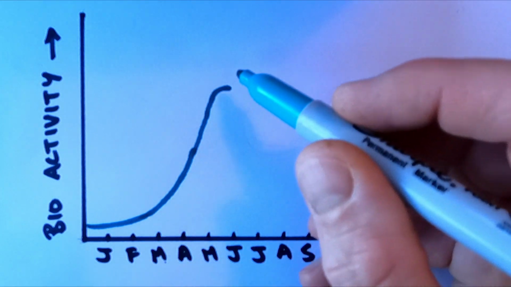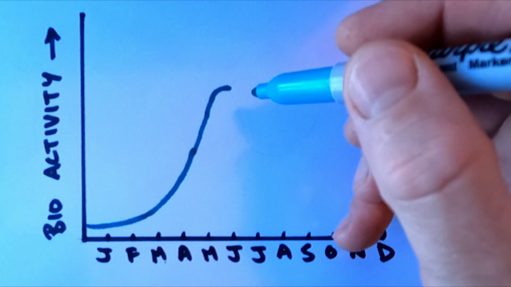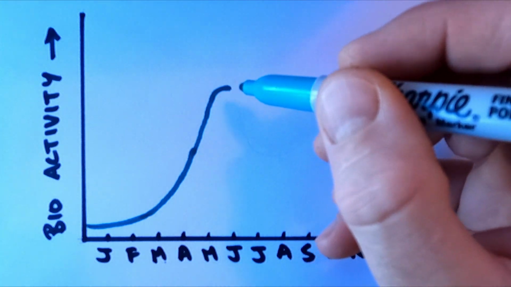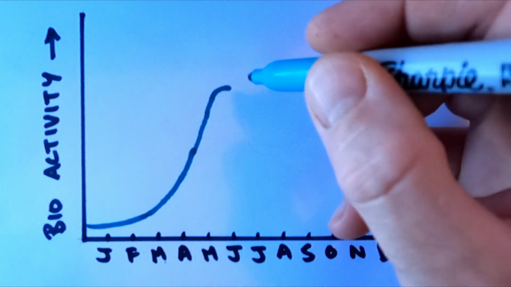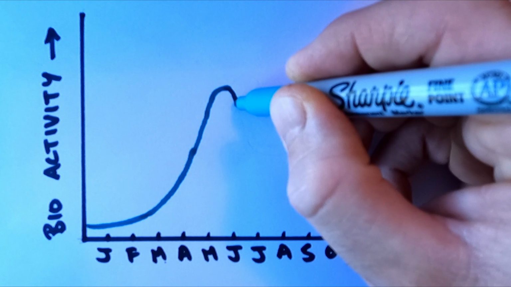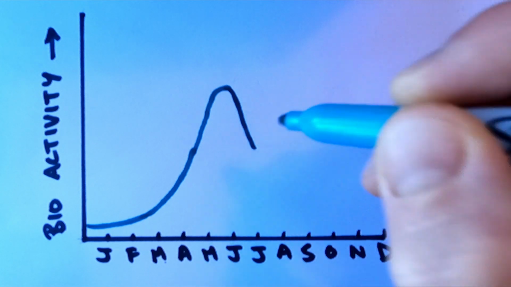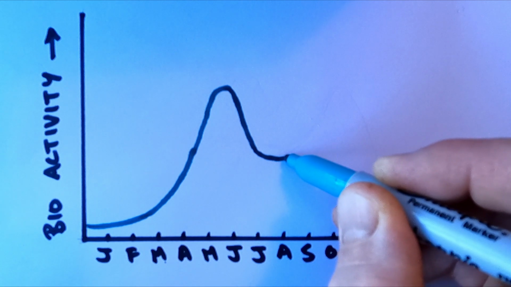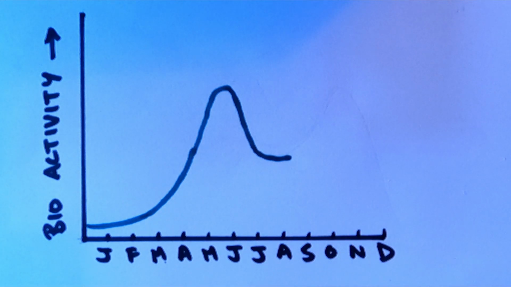So seasonality is a huge factor here, and as we get from early summer into mid to late summer, temperatures are usually at their highest, and so that activity tends to wane a little bit.